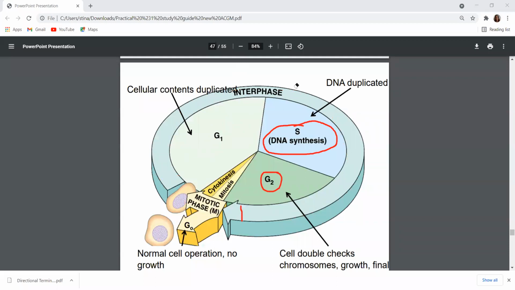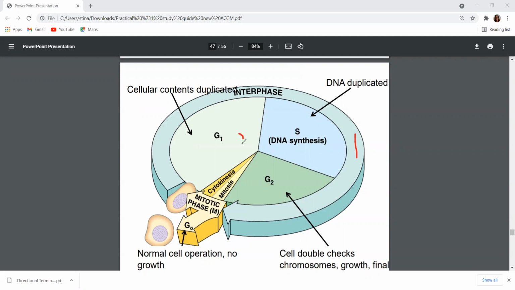So let's look at this again. I'm going to put down some numbers here and ask you what phase this is. Okay, so if I put a number 1 right here and ask you what phase it is, you would tell me interphase.